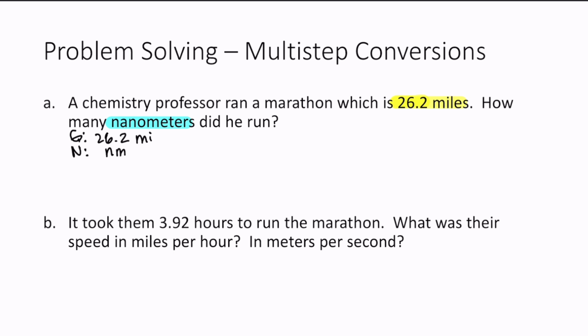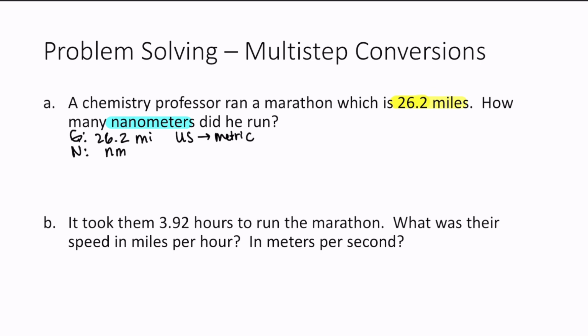One of the first things I notice is that we're going from the US system to the metric system. So I'm not going to find an equality between miles and nanometers. If I look on the internet, I could probably find one. But looking at the common equalities that you'll be given on a quiz or an exam, you'll notice that we have a relationship between miles and kilometers.